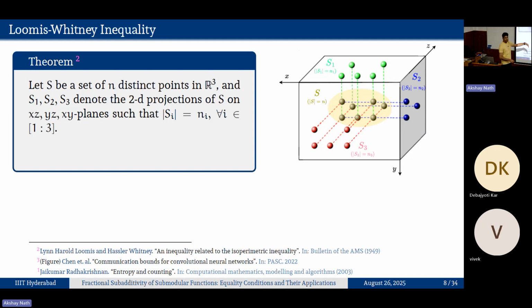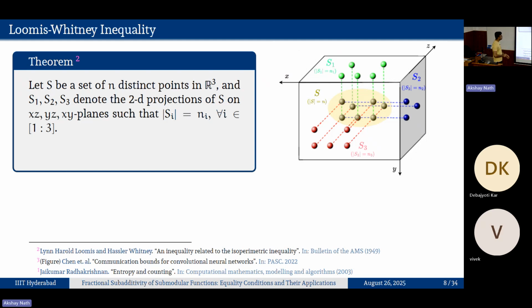This can be spoken about in d dimensions as well, but I'm just talking about 3 dimensions. There are some points in the space, and I have 3 different planes, the xy, yz, and zx planes. I take the projections of these points onto these planes.